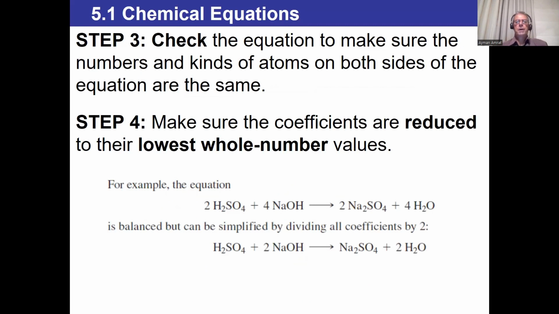Step 3, check the equation to make sure the numbers and kinds of atoms on both sides of the equation are the same. Step 4, make sure the coefficients are reduced to their lowest whole number values. For example, in this equation, 2H2SO4 plus 4 NaOH produce 2 Na2SO4 and 4 H2O.